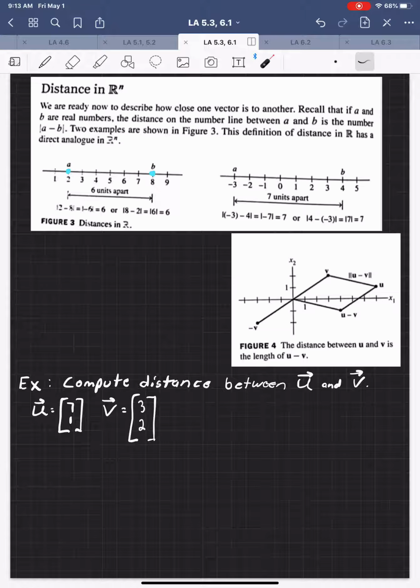So now we want to discuss distance, not in R1, not in R2, but in Rn. All right, how do we interpret distance in Rn?